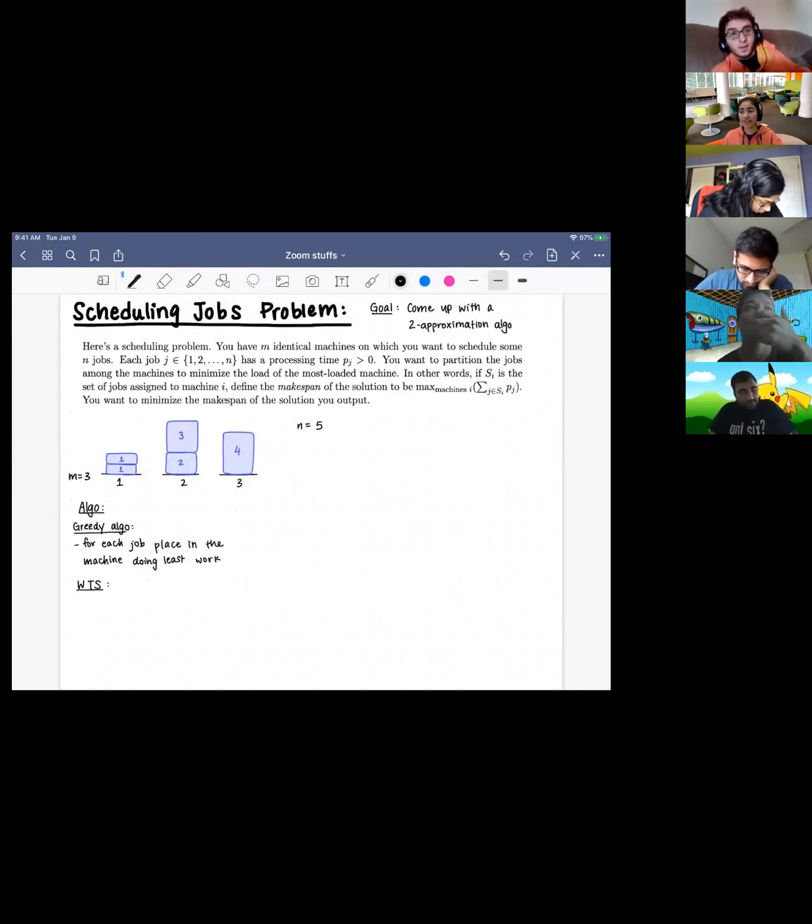If we want to show that it's a 2 approximation algorithm, what is the inequality we want to show? If A is our algorithm's answer and opt is the size of the optimal answer, which way does this inequality point and what constants are in front of it?